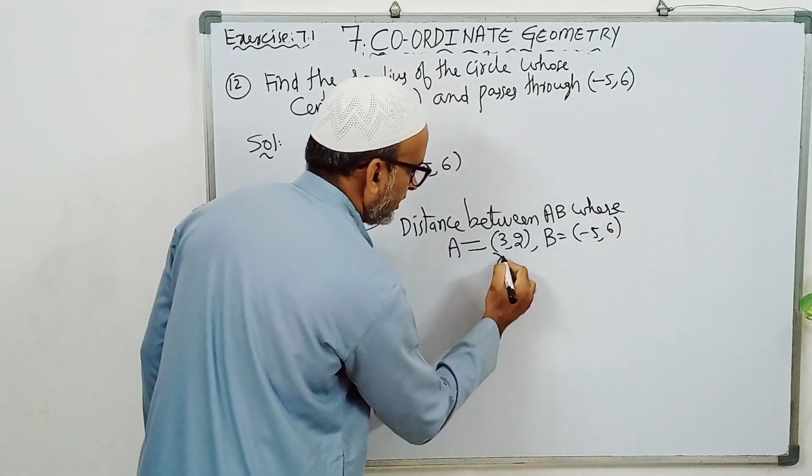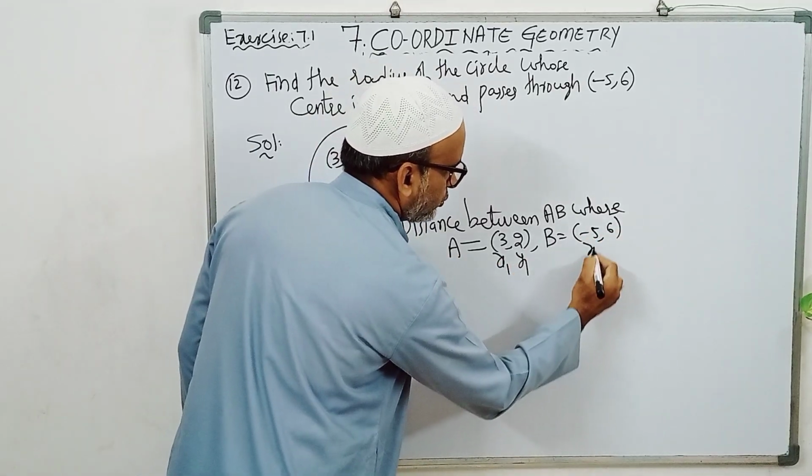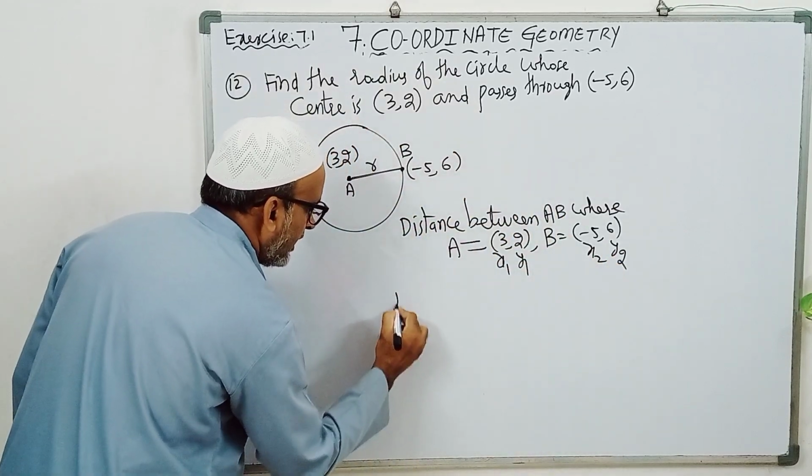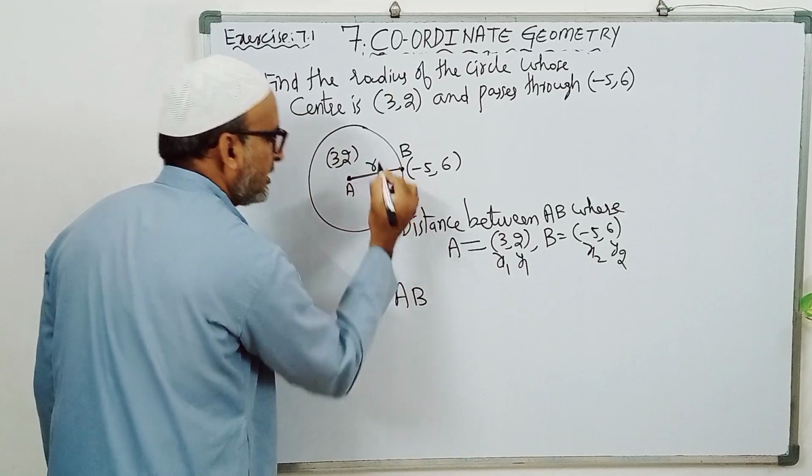Name it as x1, y1, x2, y2. Now, distance of AB.